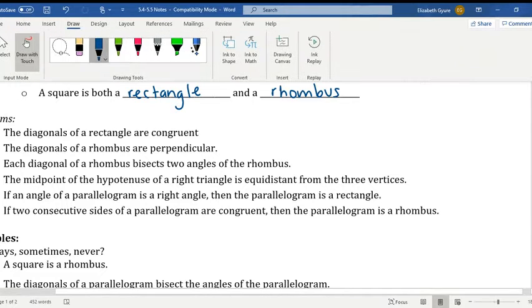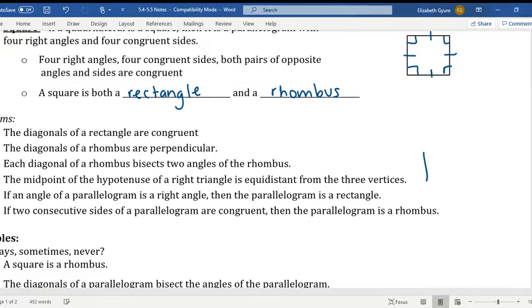So what this theorem is saying is if you have a right triangle, the midpoint of the hypotenuse, let's say there's midpoint M, M is going to be equidistant from the three vertices.